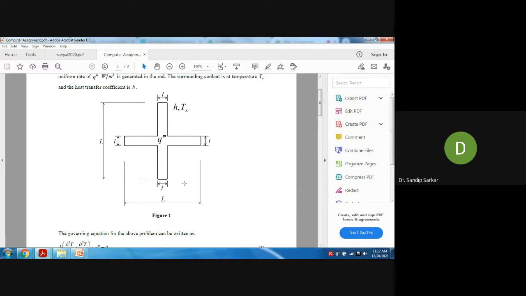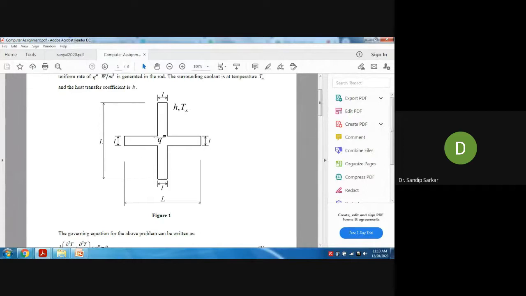Here the temperature is T infinity, here also T infinity, everywhere T infinity. Length is equal, thickness is equal, and Q triple prime, the internal heat generation, is the same everywhere inside the nuclear fuel rod. Now you are asked to determine the temperature distribution inside the nuclear fuel rod. That is the primary objective of the problem.